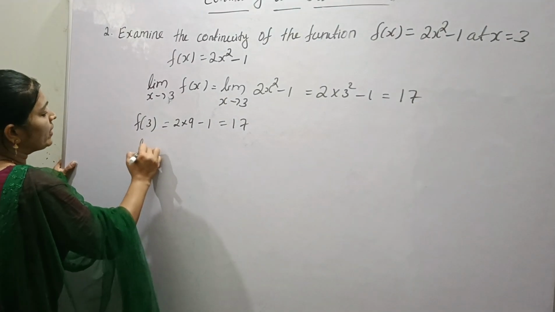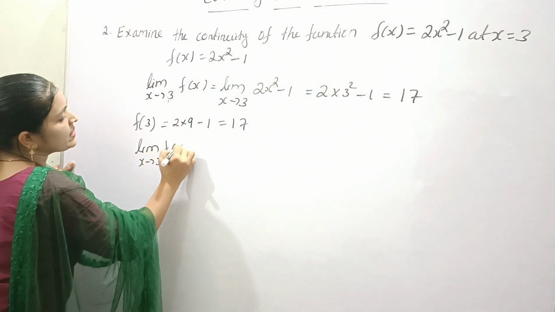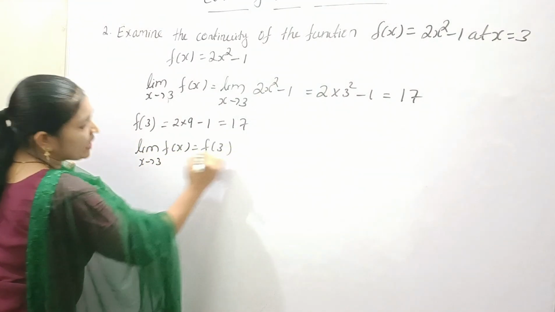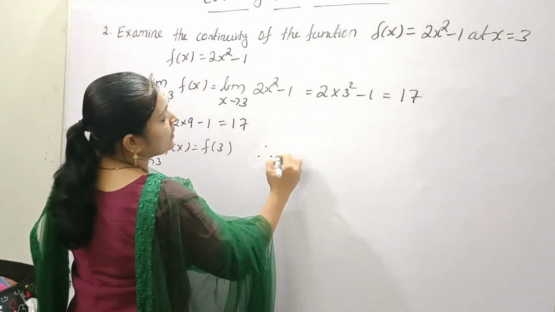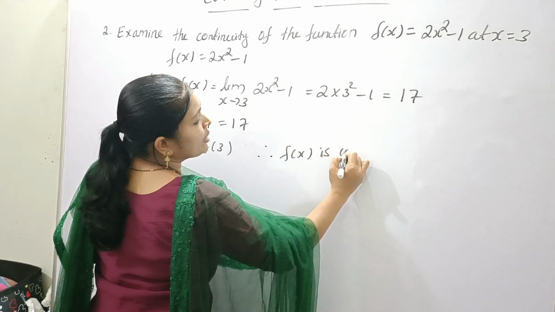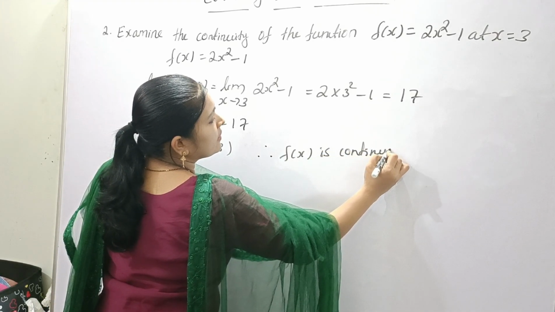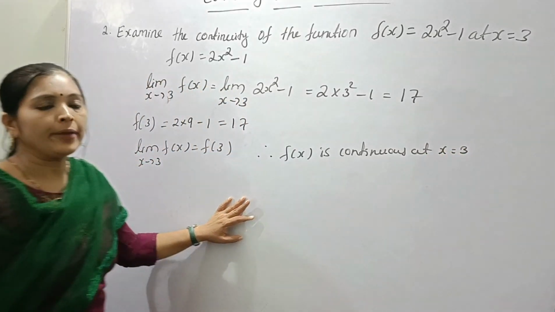So here limit x tends to 3, f of x is equal to f of 3, hence the given function f of x is continuous at x is equal to 3.